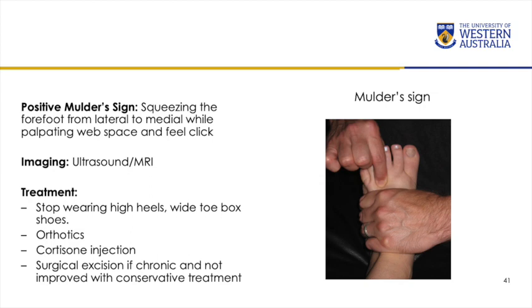Initial treatment is conservative. The patient needs to stop wearing high heels and wear shoes with a wide toe box. They may require orthotics. Cortisone injection has good success, and surgical excision is indicated if chronic and not improving with conservative treatment.